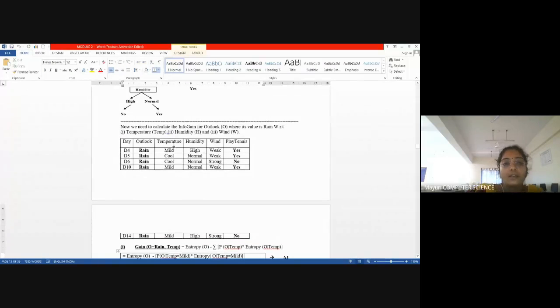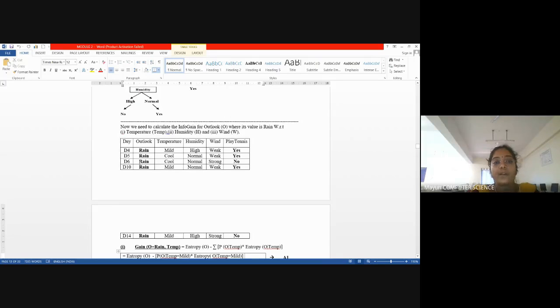If you see temperature, fix any one attribute which is fully classified with S or no so that you can easily write. If you see temperature mild, one is S, one is no. That is not correct. If it is equally classified, that kind of attribute will not come into the picture. Equally classified means the maximum error.